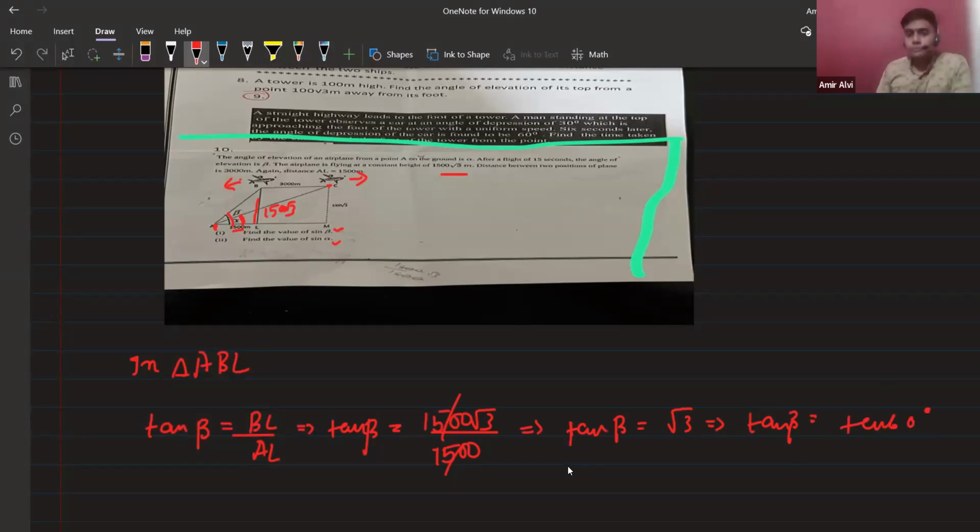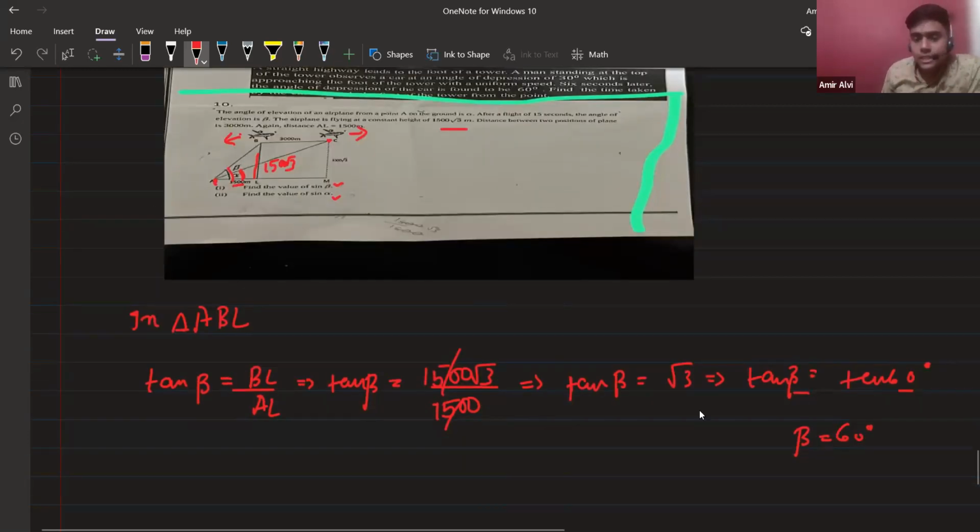So basically your beta will be 60, yes or no? Because tan is also present there, your beta is nothing but 60, and you can say tan beta is √3. So sine 60, nothing but, just a second. So sine 60 would be what? Tell me.